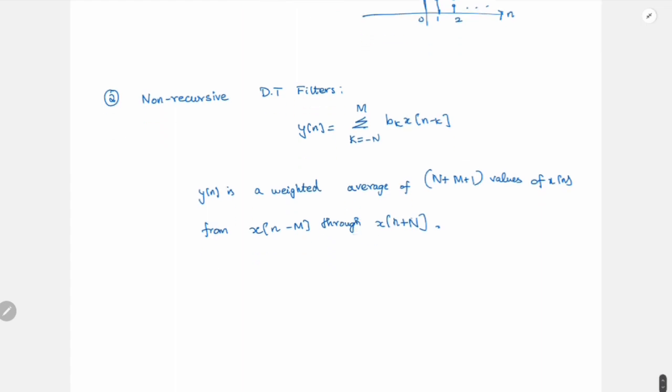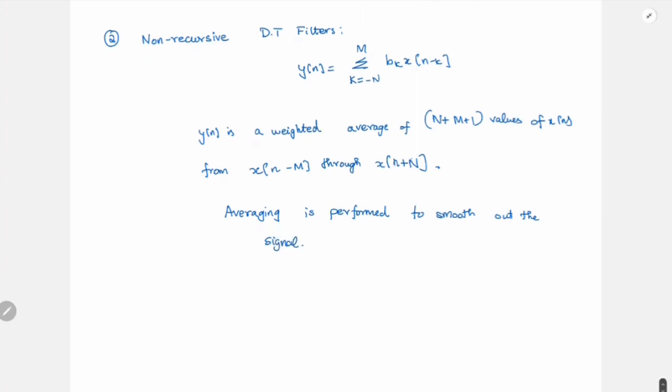So averaging is usually performed to smooth out the signal. If you have very rapid variation, when you take an average, it is going to smooth out the function anyway.